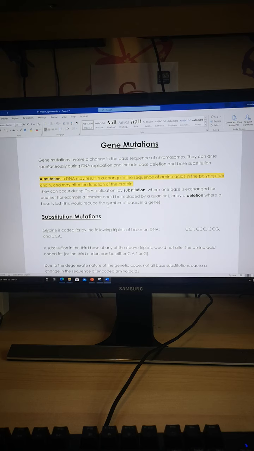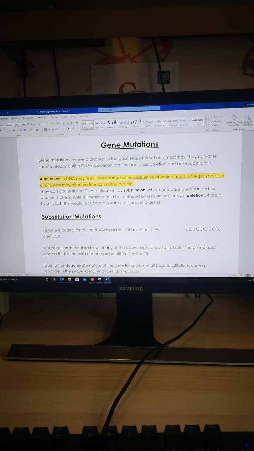It's just spontaneous events, accidental. Or you can have a deletion, and this is where a whole nucleotide is just not joined together by the DNA polymerase into that long chain during DNA replication, and it results in the loss of a base. So we've got one less base within the gene.